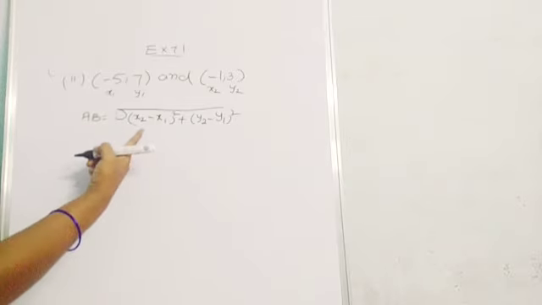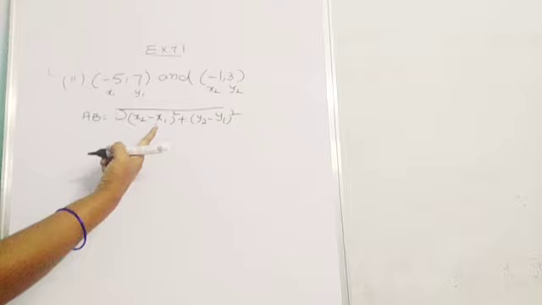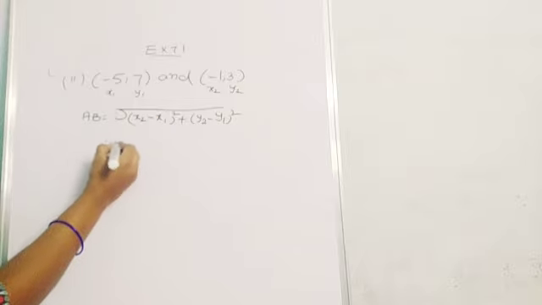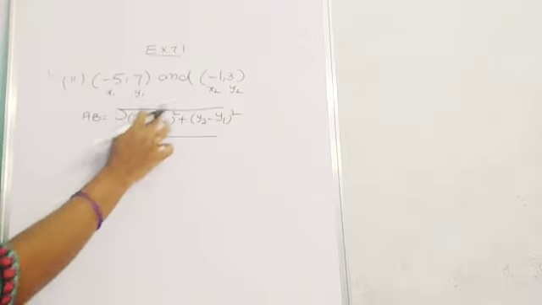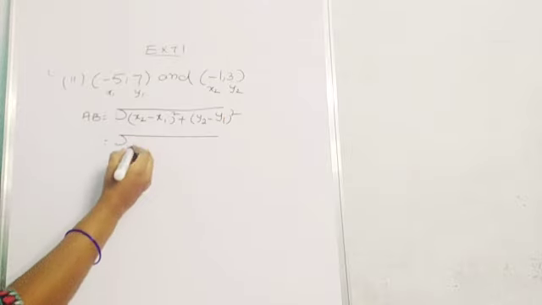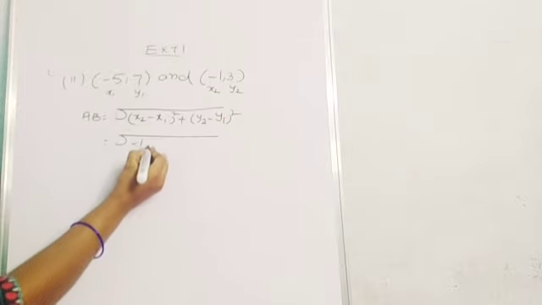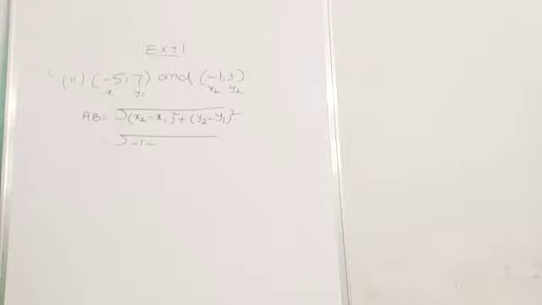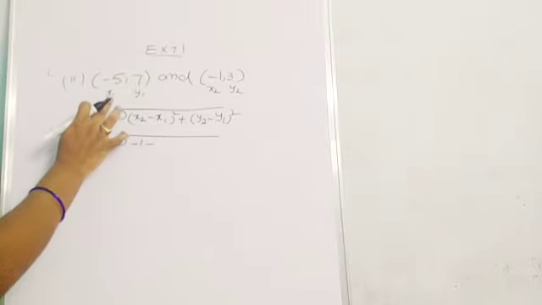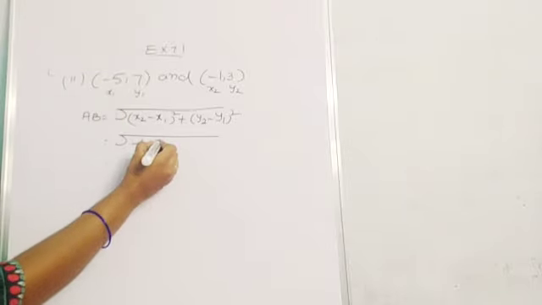Now we have to substitute the values for x1, y1 and x2, y2. What is the value for x2? x2 is minus 1, so we write minus here. And x1 is minus 5.